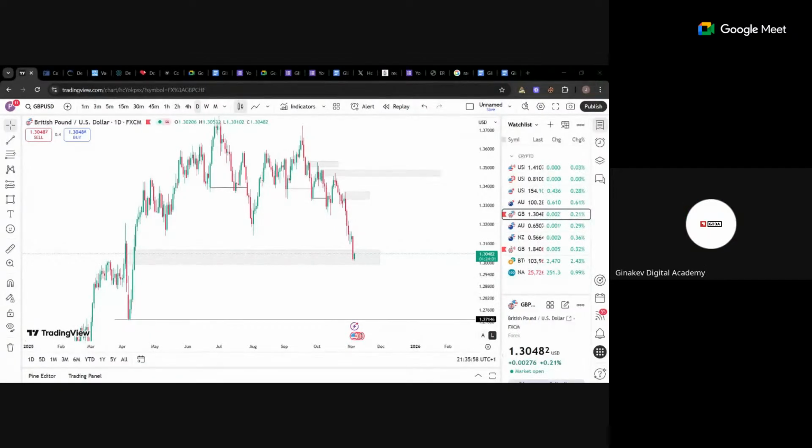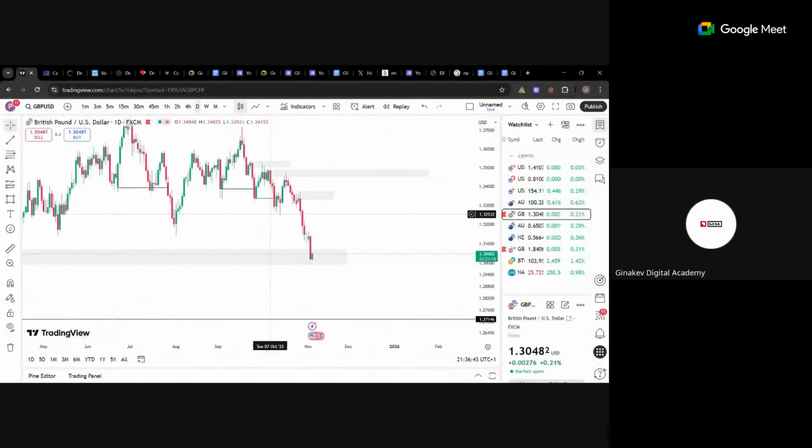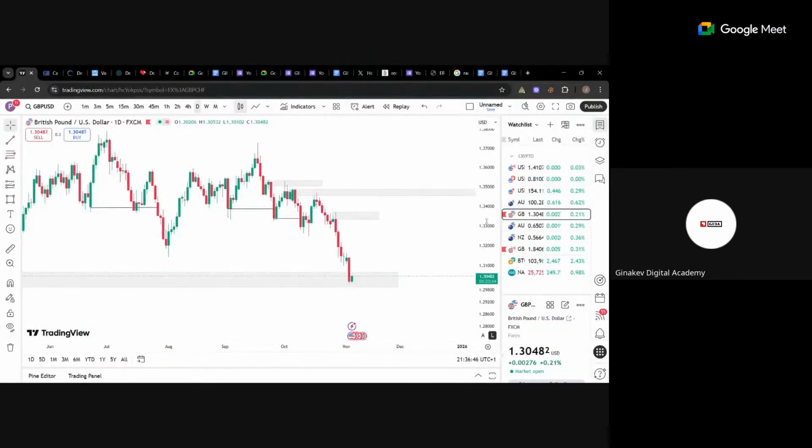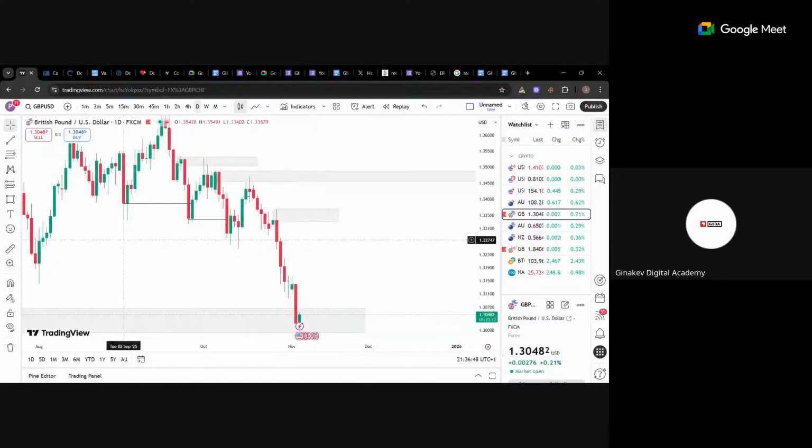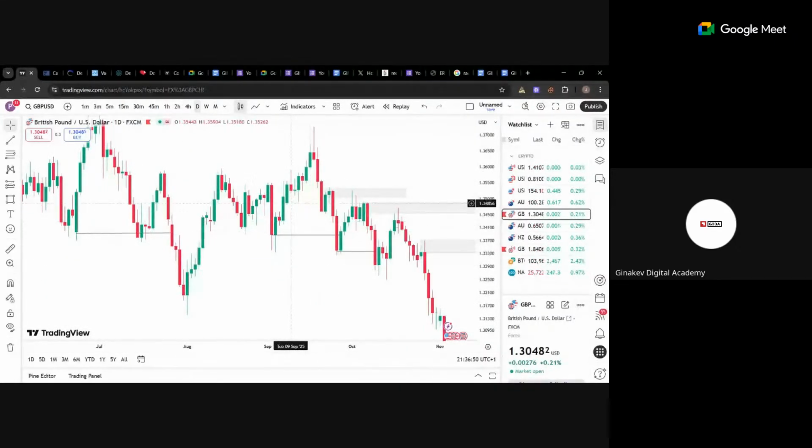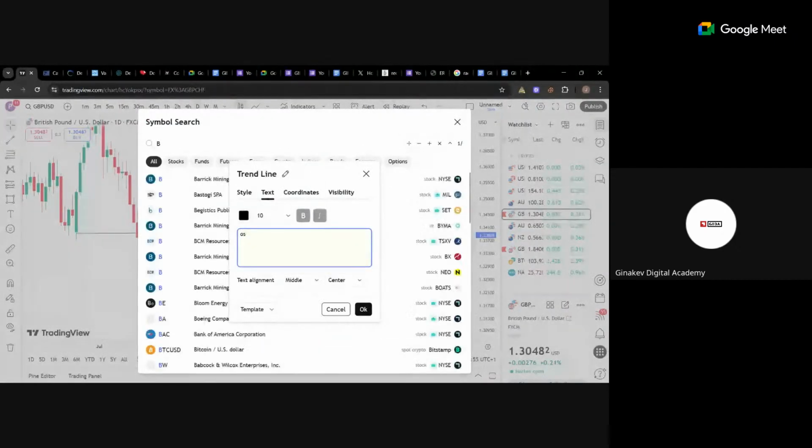It's if you see a zone, right? Where am I going to use, for example, now? Okay, let us look at this pounds USD. Look at this. Can you see that there was a break of structure here?